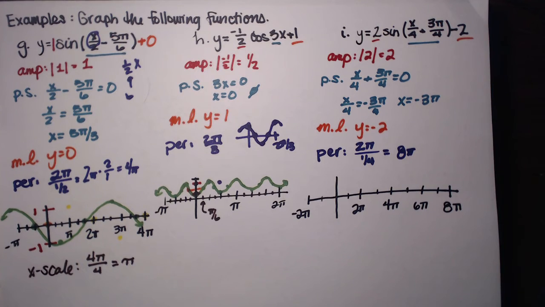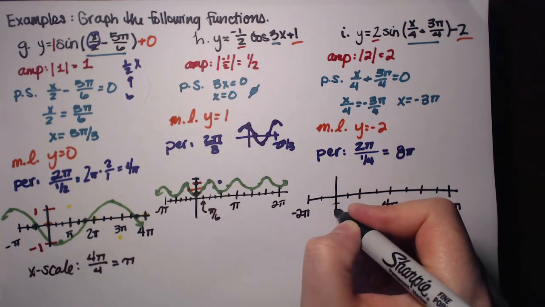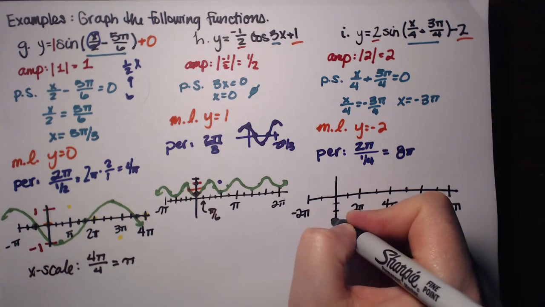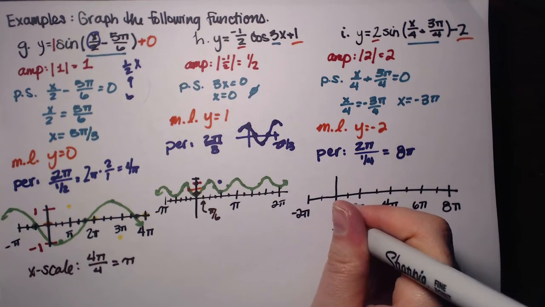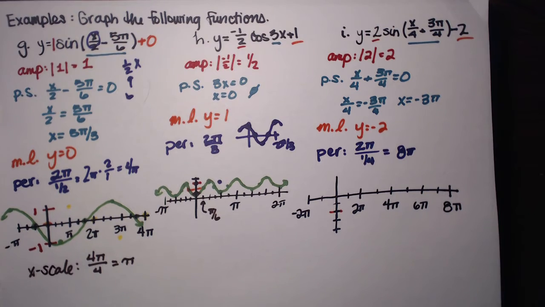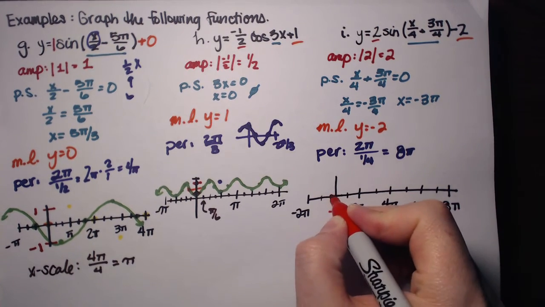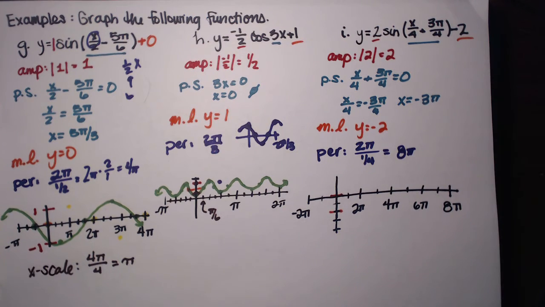Okay, so the midline, we are actually down 2. One, 2. And then the amplitude is 2. So our maximum is now going to be on the x-axis and 2 below that.